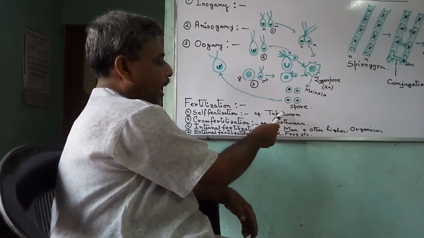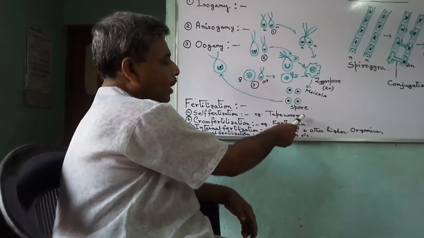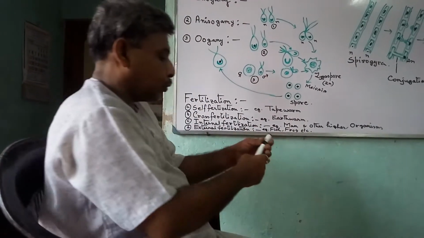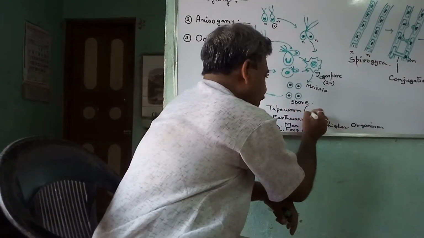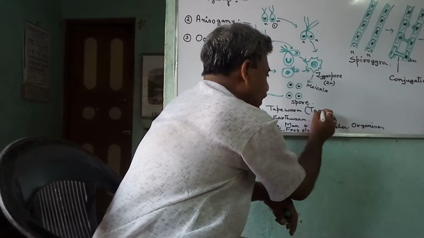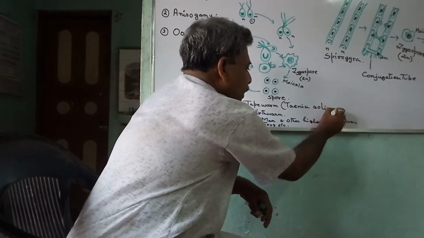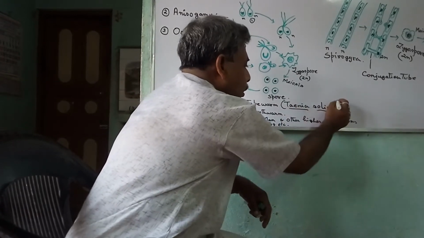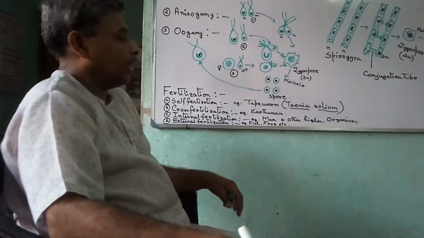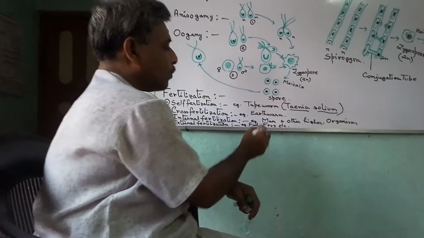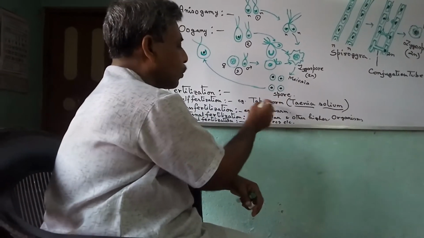As you know, tapeworm, the scientific name of which is Taenia solium, is hermaphrodite or bisexual. It possesses both the sexes within the same body. That's why the union of the two gametes occurs within the same body, that is the self-fertilization.